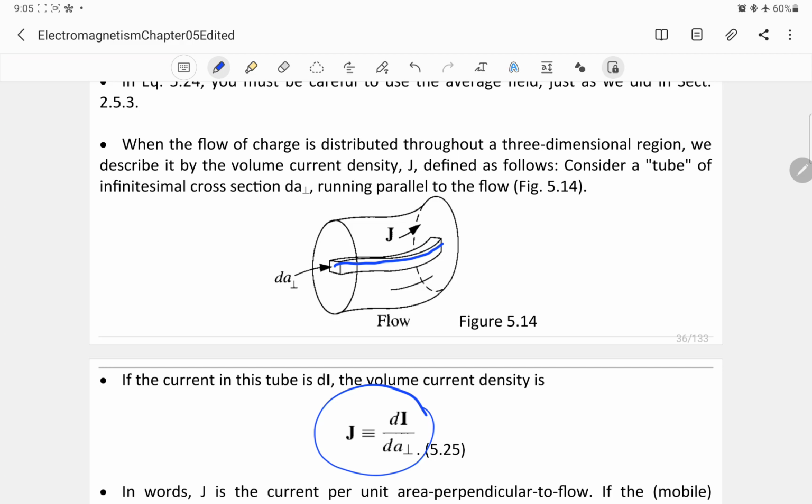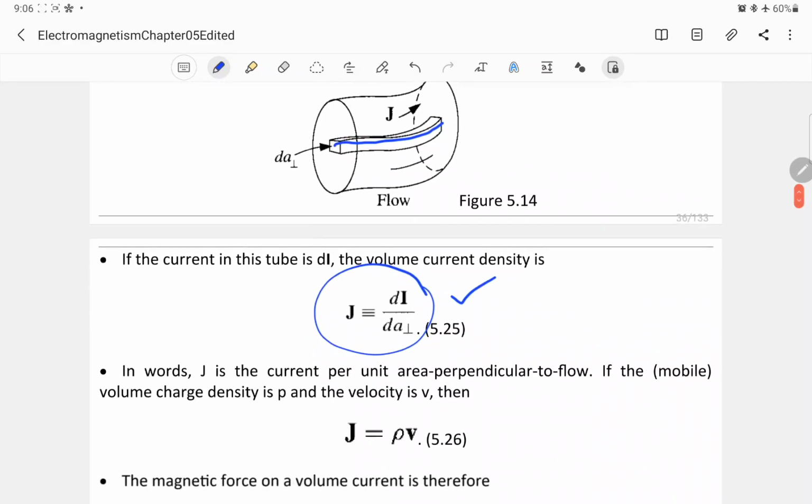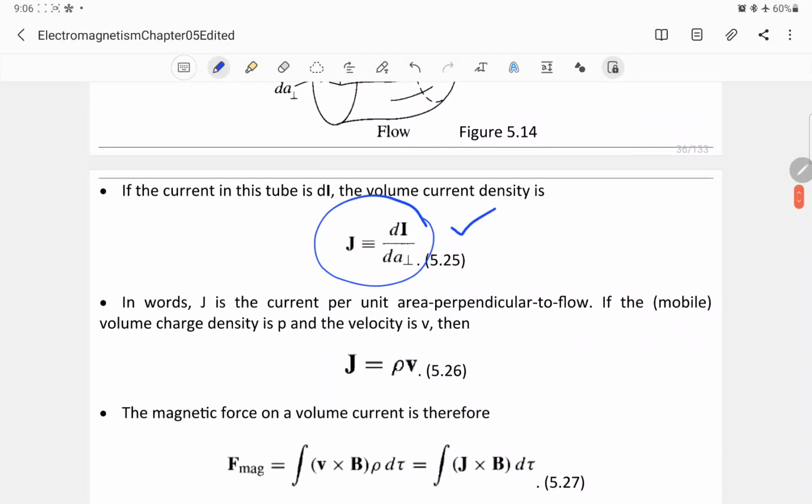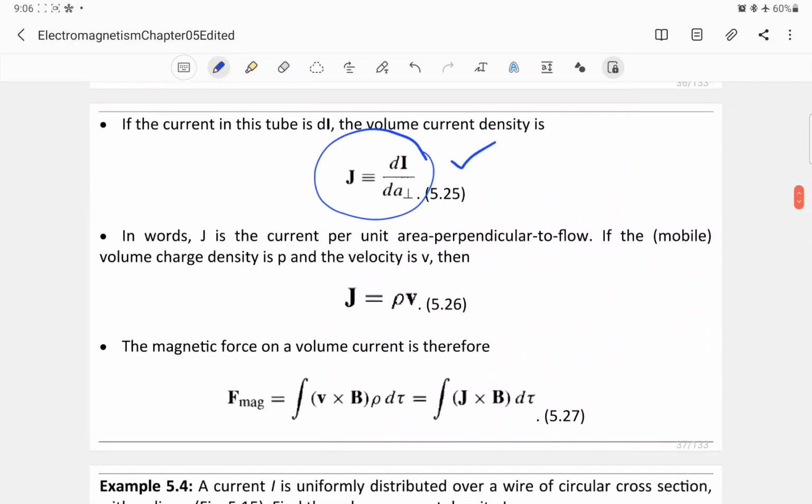So the volume current density would be this one. In other words, J is the current per unit area perpendicular to the flow.